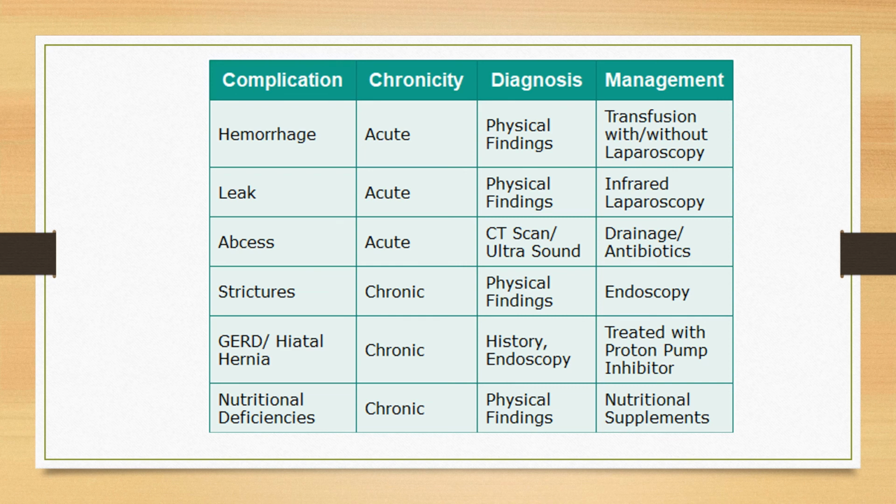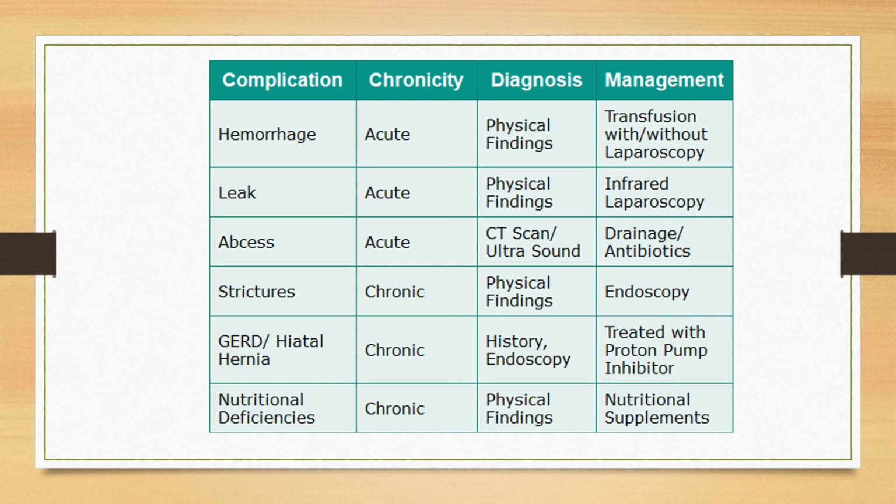Okay, so let's look at some post-procedure considerations. So first one, so these are complications. The first one is hemorrhage. So remember, this person has undergone a surgical procedure, bypass, incising and cutting parts of the stomach. So bleeding can occur.